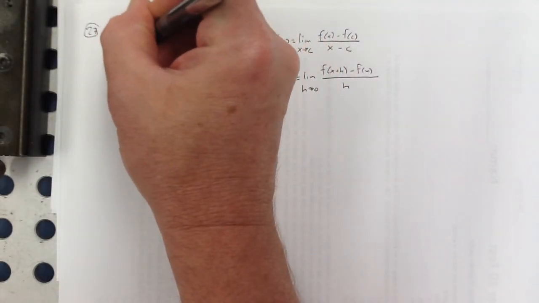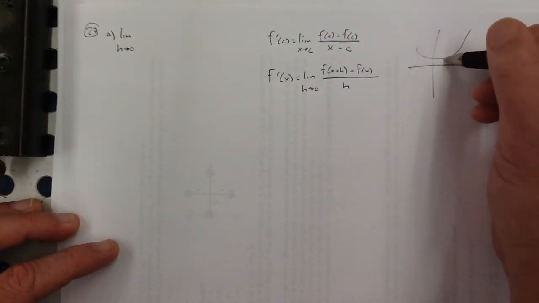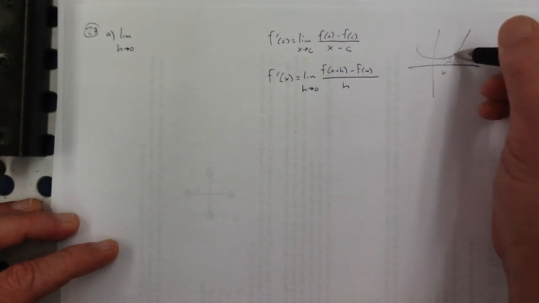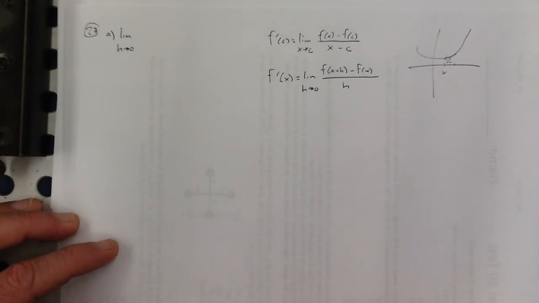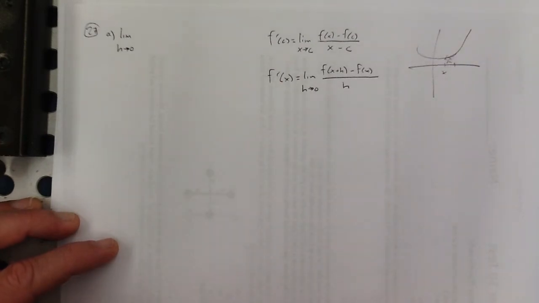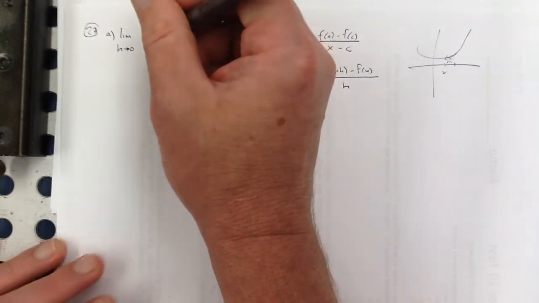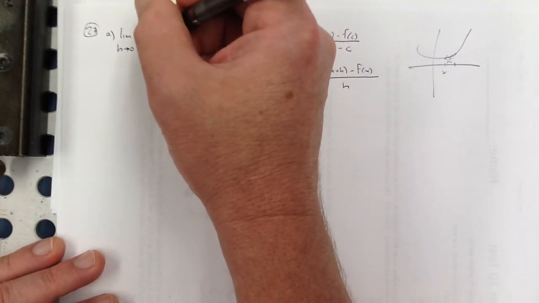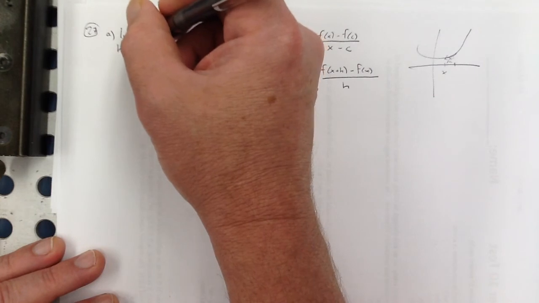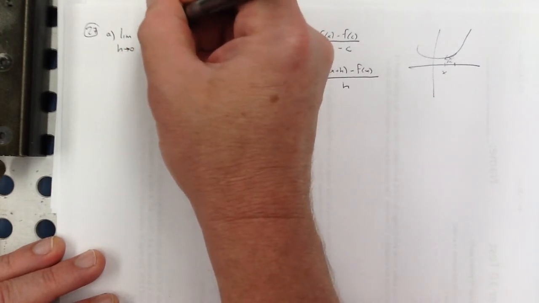I'm going to write those as h's instead, a little change in x. I don't use that notation, though I know they do that a little bit in the book. So I'm going to rewrite that with all the delta x's replaced with h's, because I think it's going to look a little bit more familiar to us.